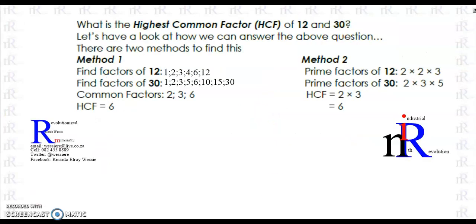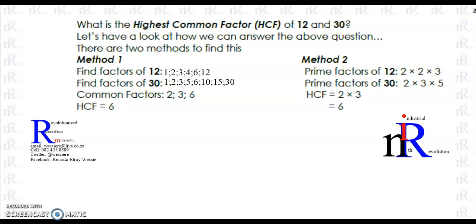Right, so now they ask us, what is the highest common factor of 12 and 30? Let's have a look at how we can answer the above question. There are two methods to find this. Method 1. Find all the factors of 12. So the factors of 12 are 1, 2, 3, 4, 6, and 12.